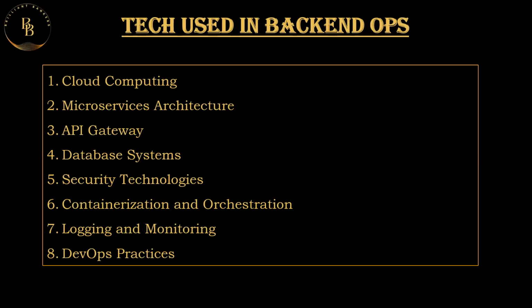The security technologies that are being used in the backend operations: technologies such as encryption algorithms of the type of SSL and TLS, firewalls, intrusion detection and prevention systems, and secure key management are implemented to enhance the security.